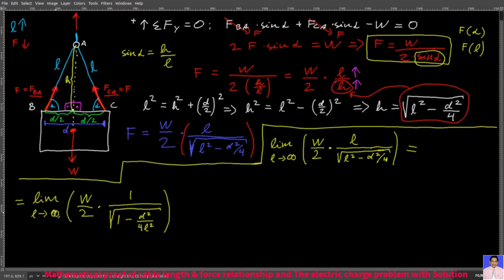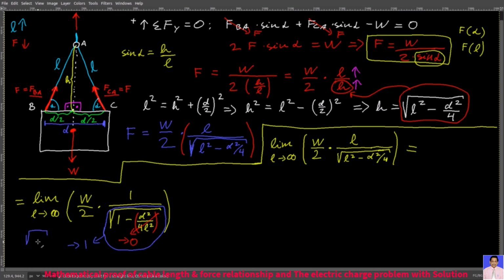And so as L goes to infinity, this L here becomes bigger and bigger, but it's in the denominator in this expression, which means that as L approaches infinity, this term approaches 0. And if that's the case, then this entire denominator here approaches 1, because you have something that is 1 minus a term that is approaching 0.